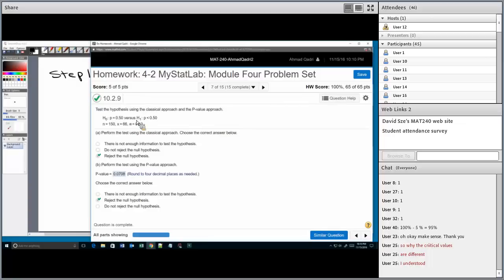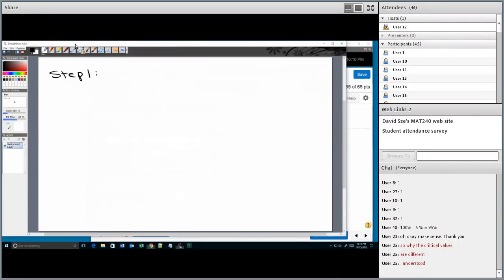But the null hypothesis is that p is 0.5. Alternative is that p is less than 0.5. So the null is that p is 0.5. Alternative is that p is less than 0.5. Okay, so what is the population parameter that we're testing here?